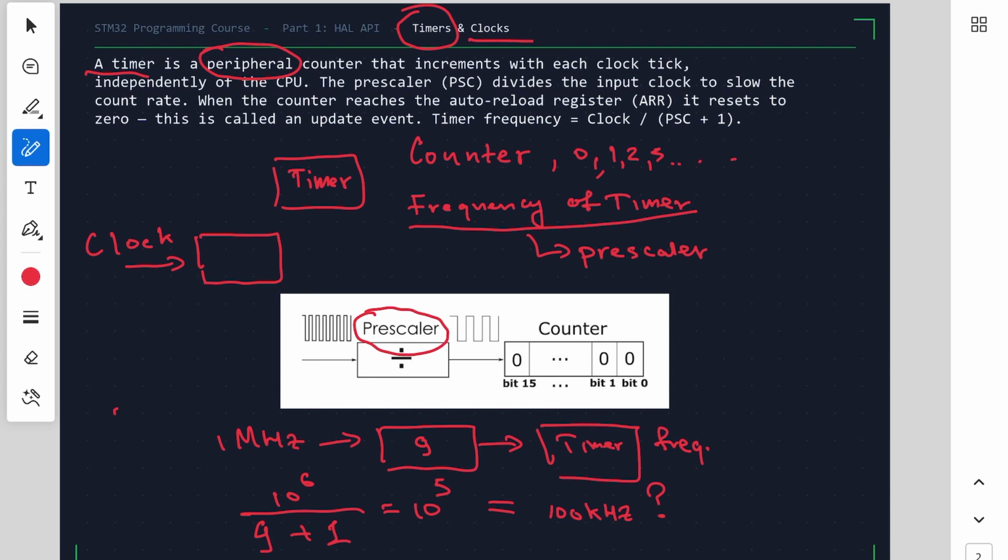Another example, if you have 10 megahertz, and if the prescaler is, let's say, 999, what is the timer frequency? Can you guess?